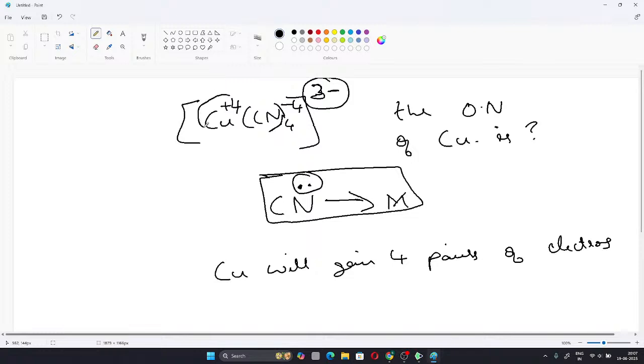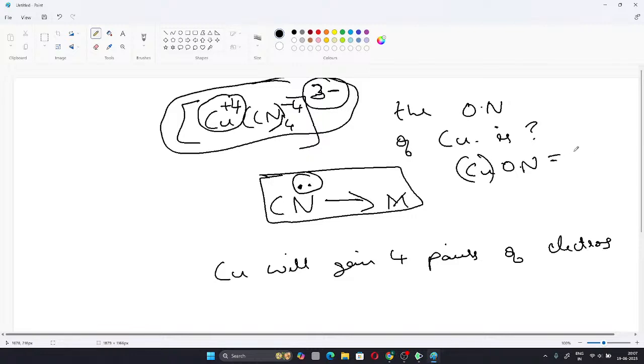But with respect to the whole complex charge, you will know that the oxidation number of copper will be 4 plus (-3), which is +1. So the ON of copper is +1.